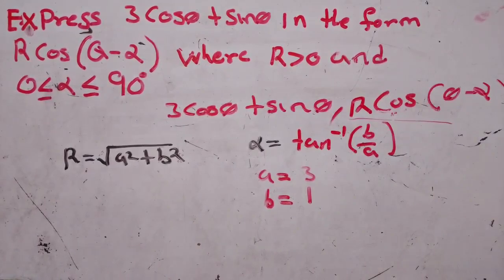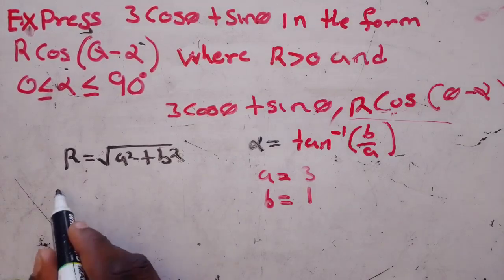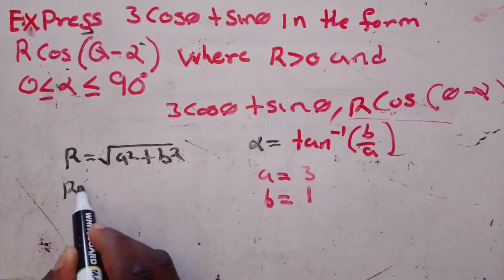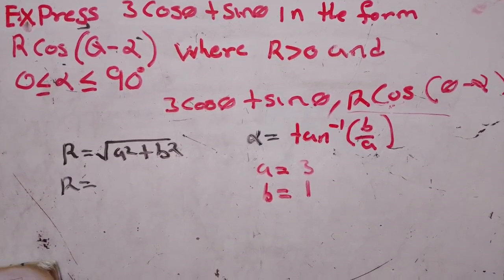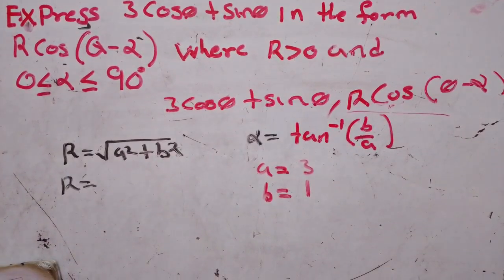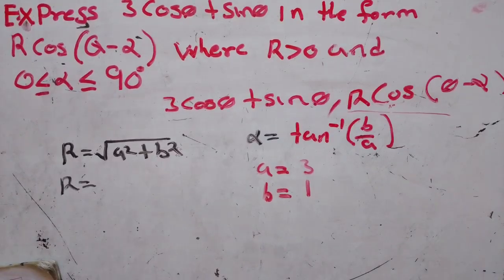Having identified our a and our b, it's easy for us to find the value of r and the acute angle. So r is equal to the square root of a squared plus b squared.